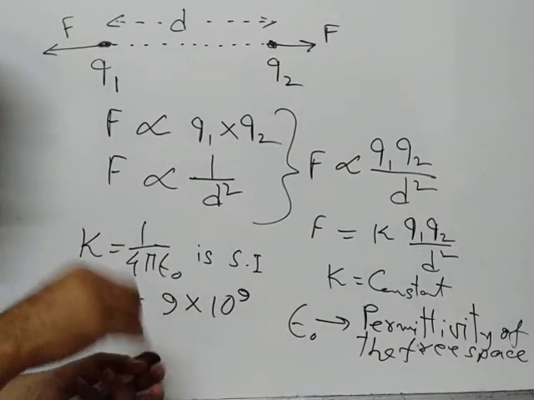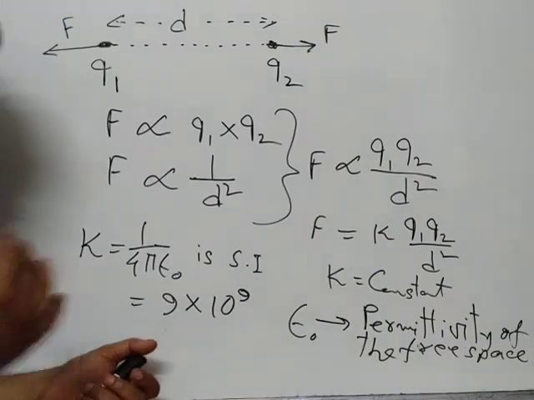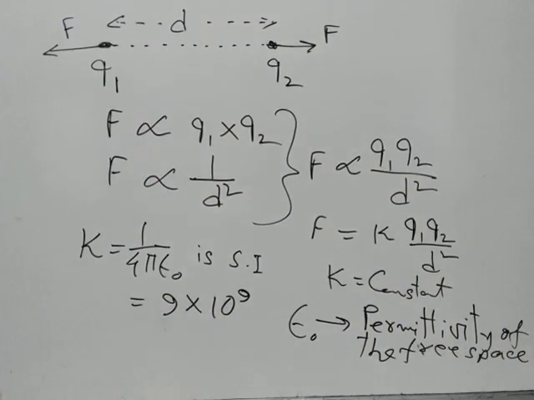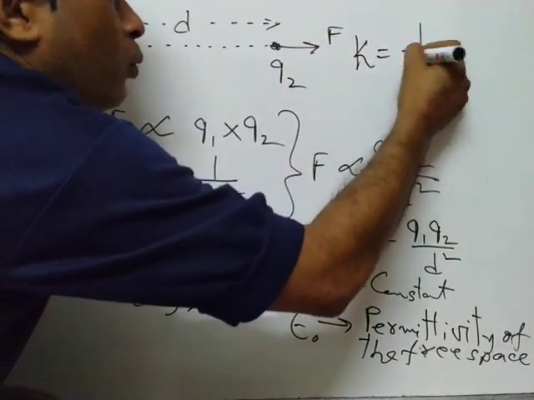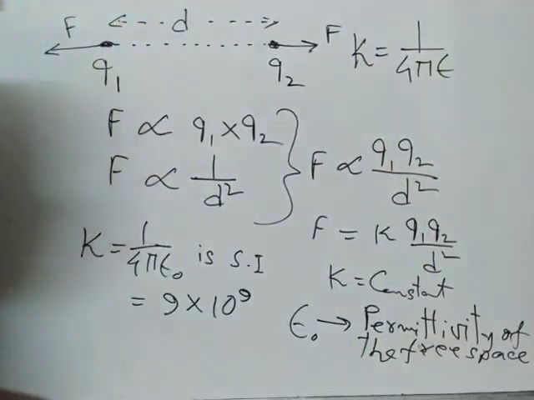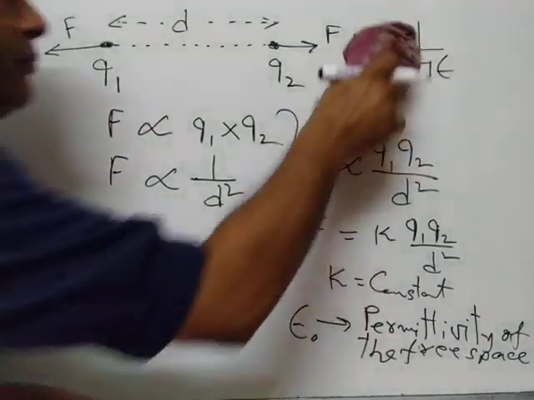If we put them in some other medium, what would be the case? Then this K would be 1 by 4 pi epsilon.